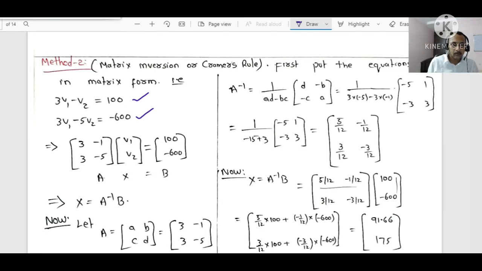Write them in matrix form, AX equal to B. The V1 coefficient is 3 and the V2 coefficient is minus 1 in the first equation; in the second equation the V1 coefficient is 3 and the V2 coefficient is minus 5; and [V1, V2] equals [100, minus 600]. Now what about X, dear students? X equals A inverse into B.